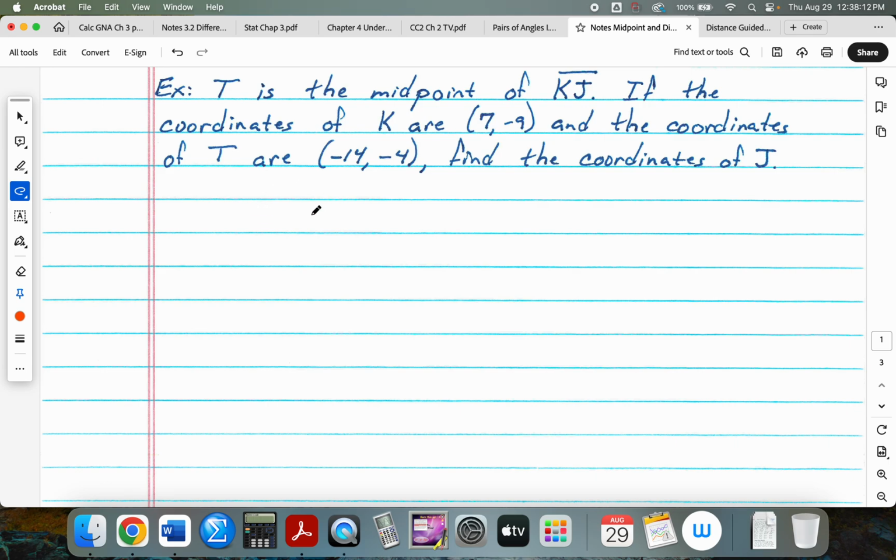So substituting into our formula, the midpoint is T. So I've got -14, -4 is equal to, one of the endpoints has an x coordinate of 7, and I don't know the other one. I'm going to just call it x over 2. And then for the y coordinates, I'm going to have -9, and I've already used x, and this is a y coordinate. Why would I call it x? Let's call it y.